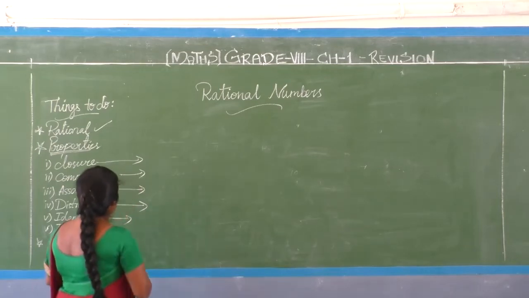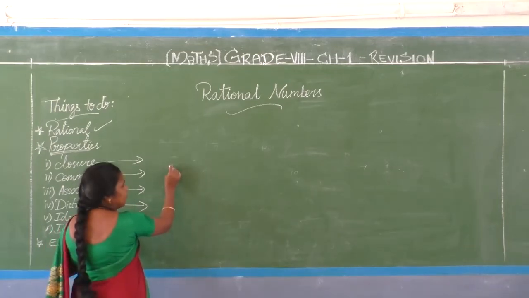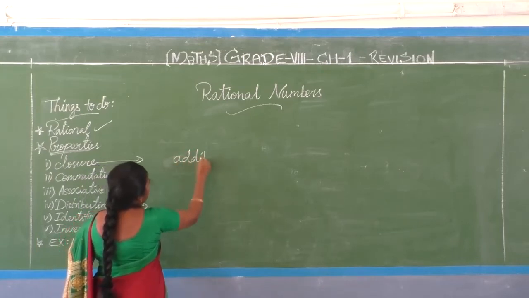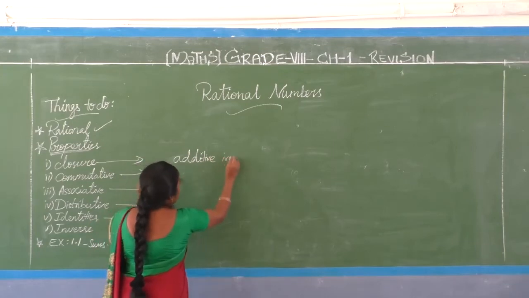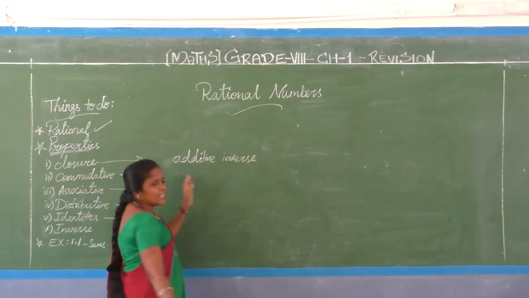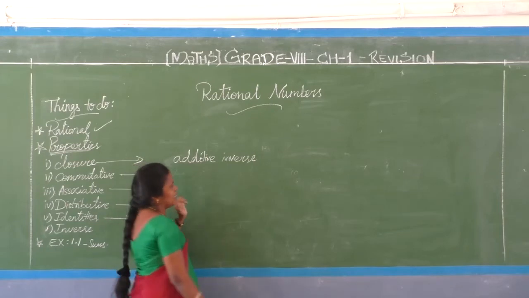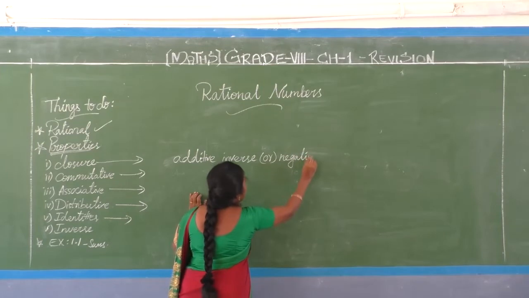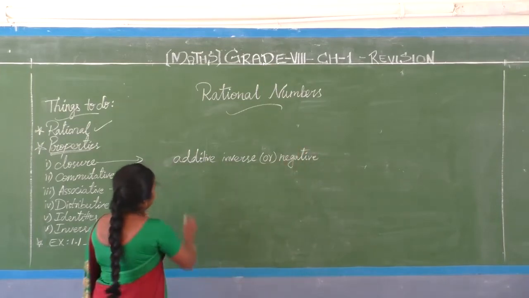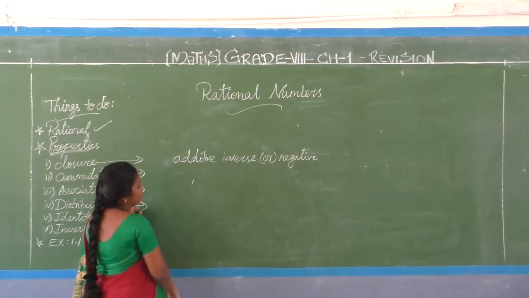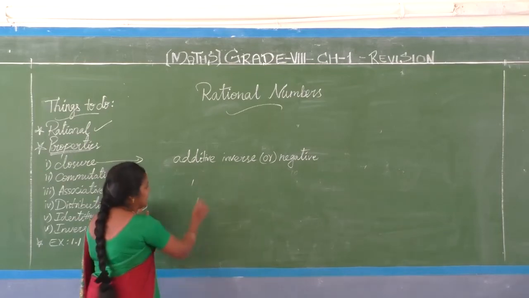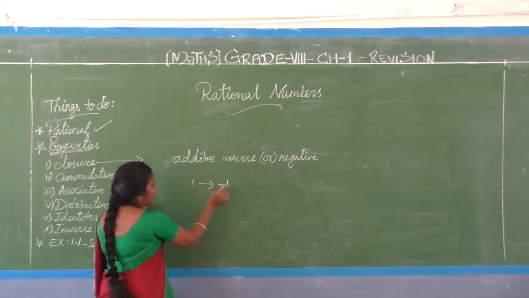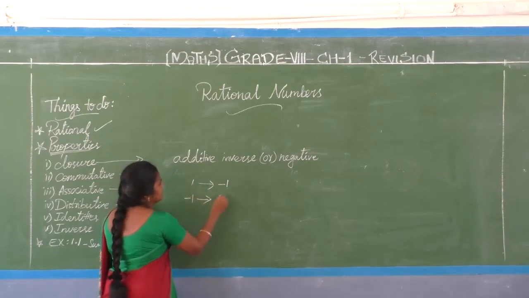Inverse also has two things: additive inverse and multiplicative inverse. Additive inverse, what is its other name? Negative number. Additive inverse or negative number. If you take any number, for example 1, what is its additive inverse? Minus 1. For minus 1, the additive inverse is plus 1.